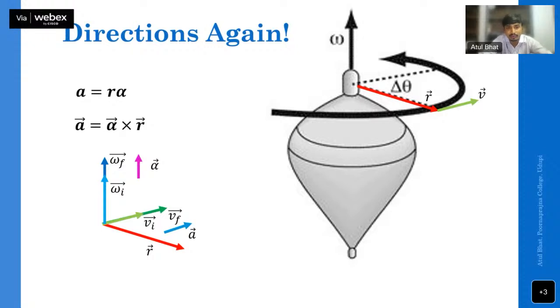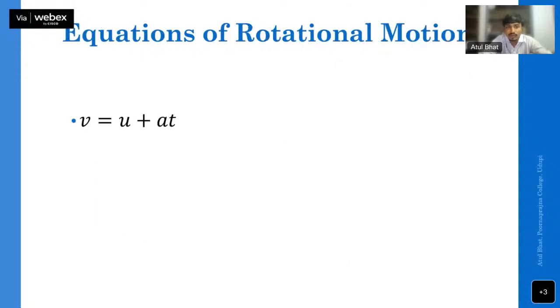This is something very important. Now, so far, we have covered acceleration and velocity and displacement in rotational terms. We know the equations of motion, v is equal to u plus at. And we know what v is. v is the final linear velocity, u is the initial linear velocity, a is the linear acceleration, t is time.